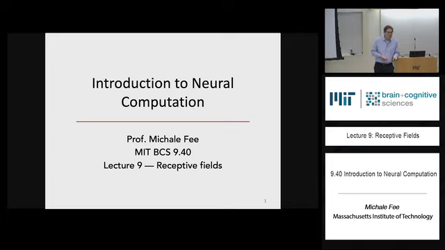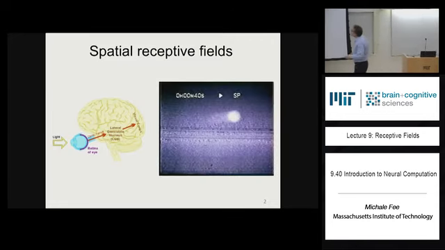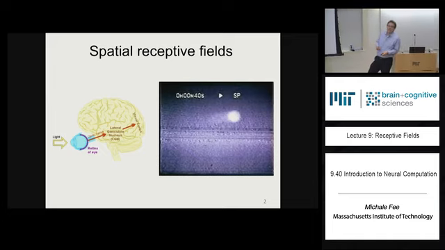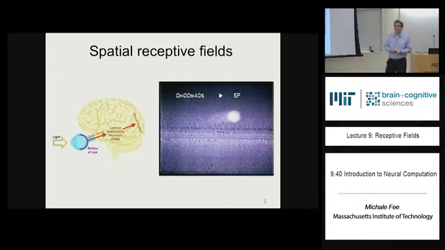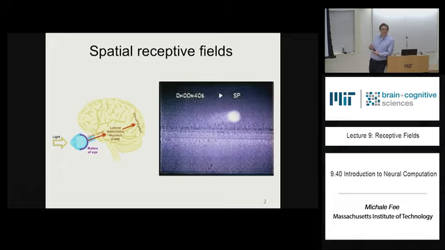Okay? And so one of the classic examples of how to find receptive fields comes from the work of Hubel and Wiesel. So I'll show you some movies made from early experiments of Hubel and Wiesel where they are recording in visual cortex of the cat. They place a fine metal electrode into primary visual cortex, and they anesthetize the cat so the cat can't move.